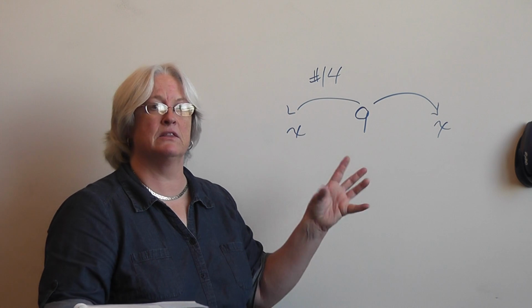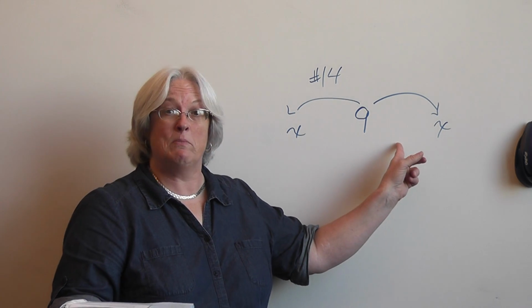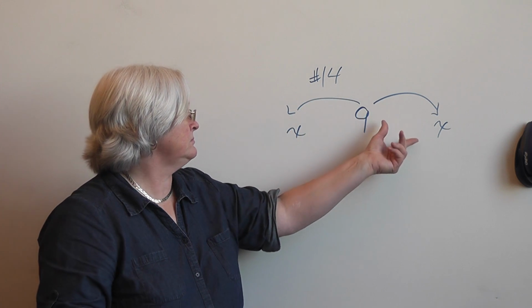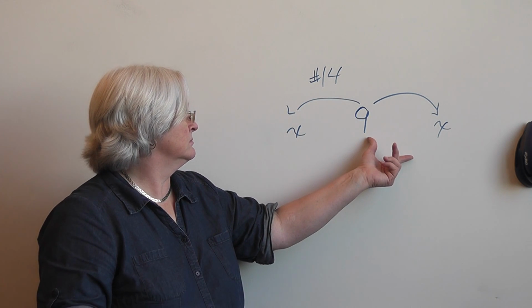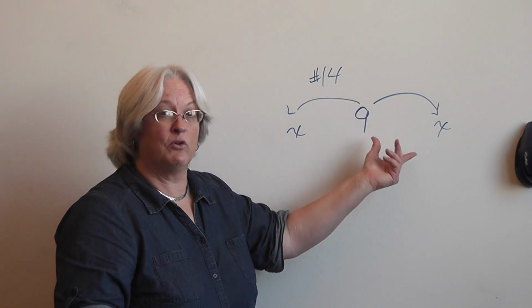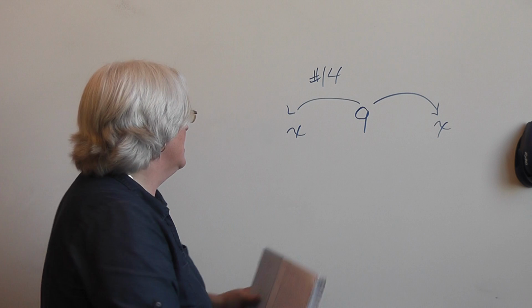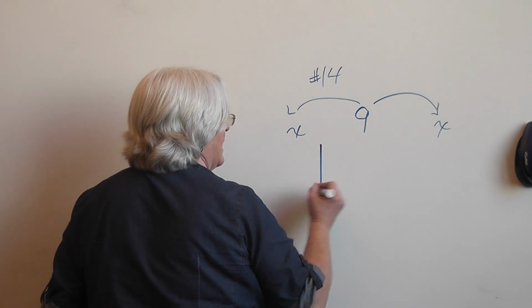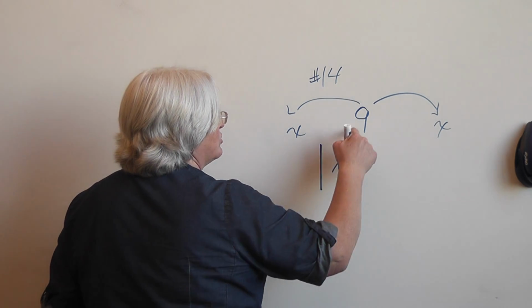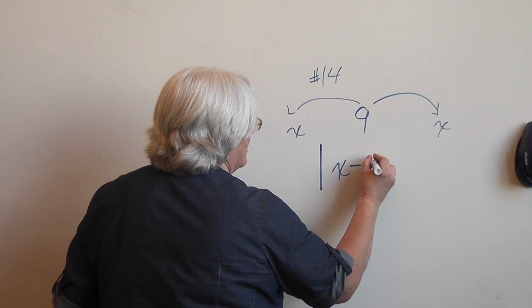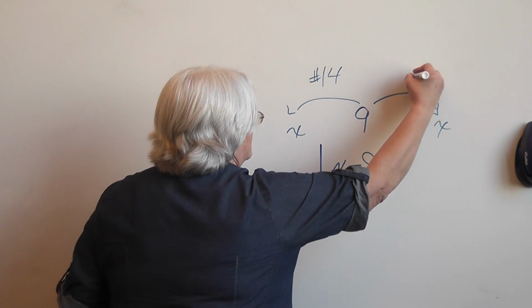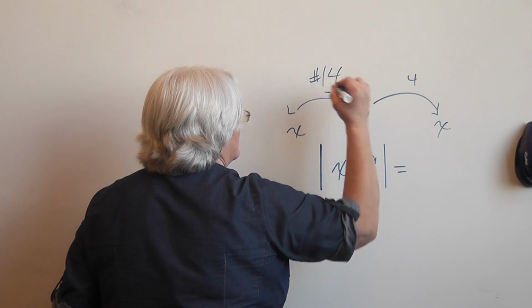So how are we going to set this up? Well, we're going to remember our definition that we just wrote. The distance, absolute value, from some number to a positive 9 is 4.